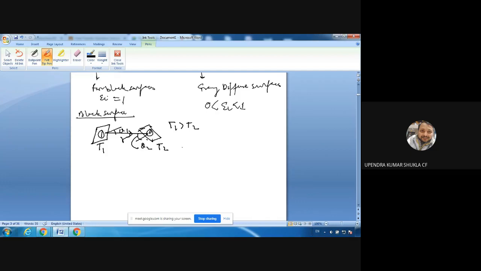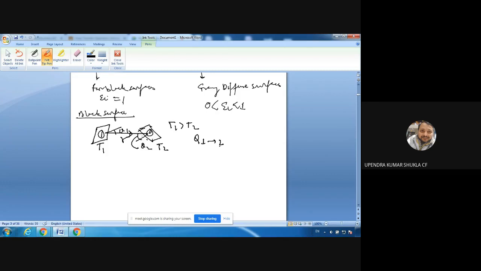Now what we have been asked is to find the Q1 to 2. Heat transfer will take place from 1 to 2 because surface 1 is at higher temperature and surface 2 is at lower temperature. But radiation will also take place from surface 2. Since surface 1 is at higher temperature, the emission of radiation will be faster than the absorption of the radiation falling on surface 1.